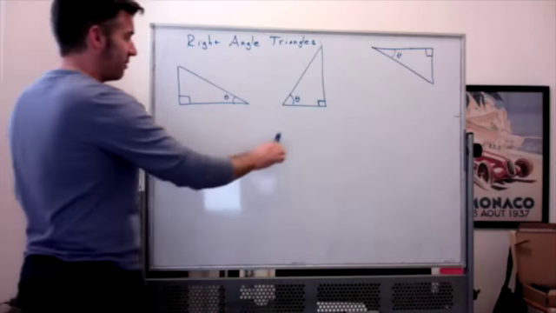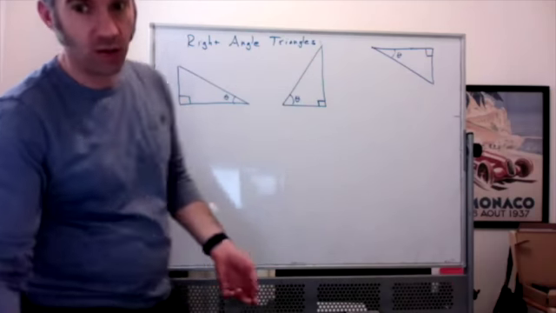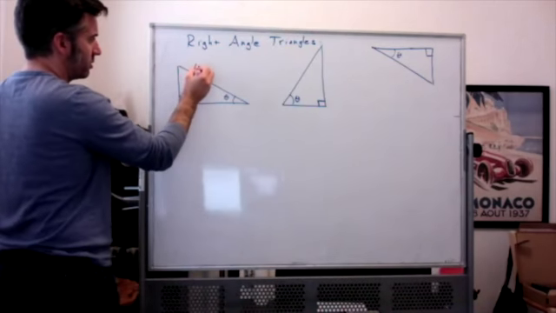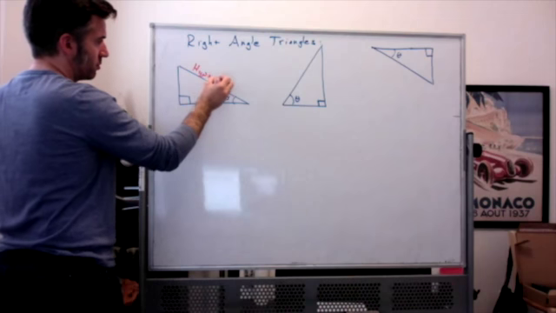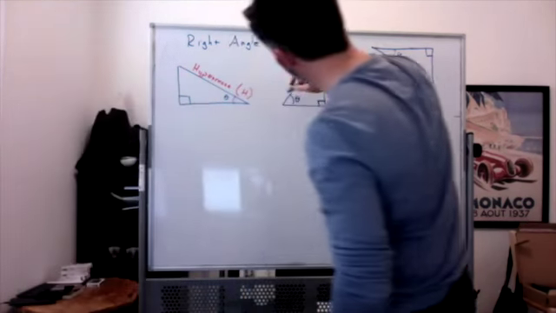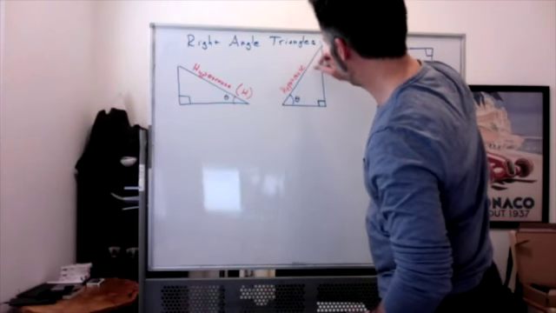The longest side of the right triangle, the side that's opposite the right angle, that's always called the hypotenuse. This is the hypotenuse, which we're going to abbreviate with an H. That's true here. It's true here. It's true here.